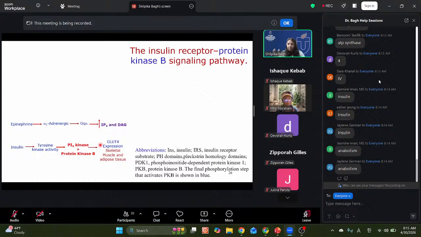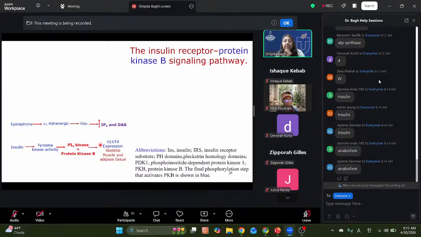So where does it go first? GLUT2. Why should glucose go into GLUT2? Where are GLUT2 transporters, on the surface of which tissues?